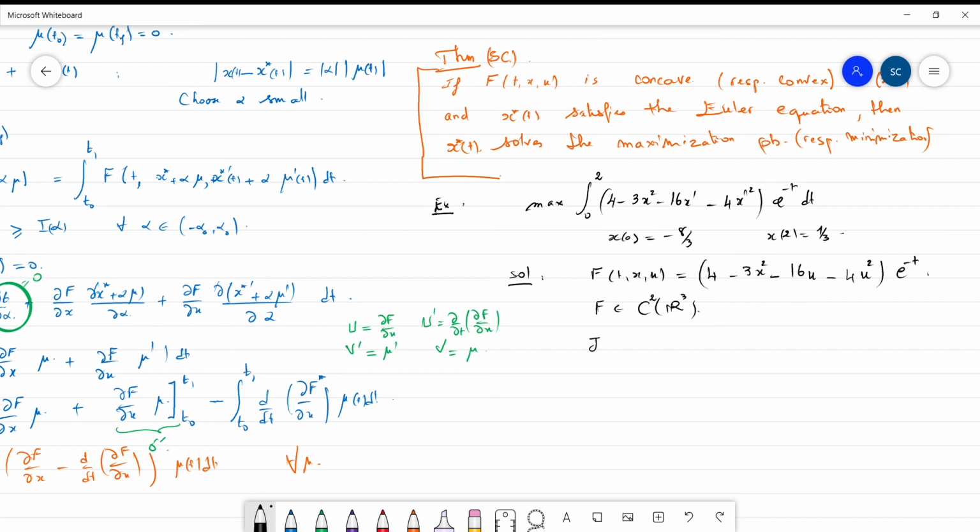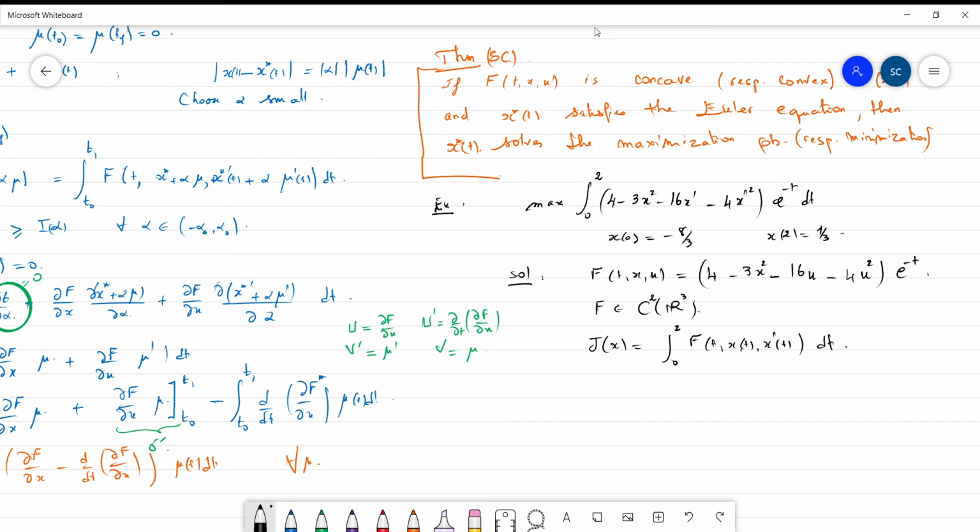And here my g of x is the integral from 0 to 2 of f of t, x of t, x prime of t dt.